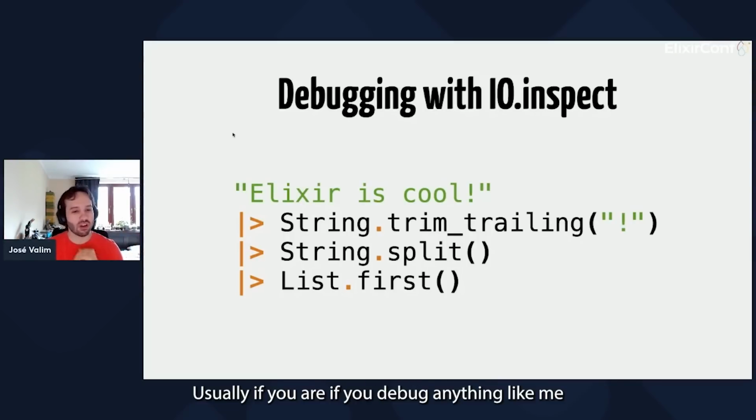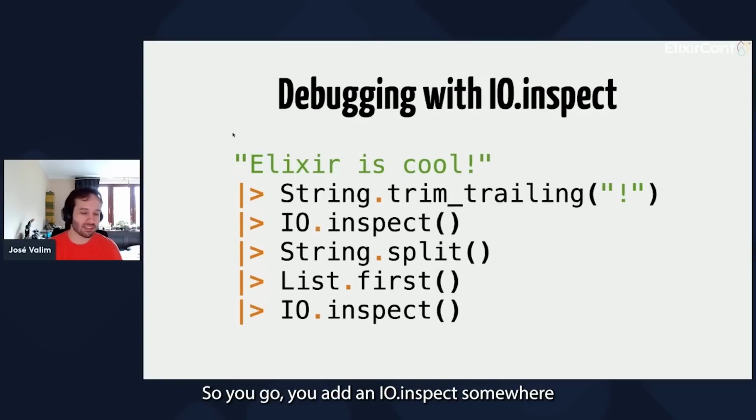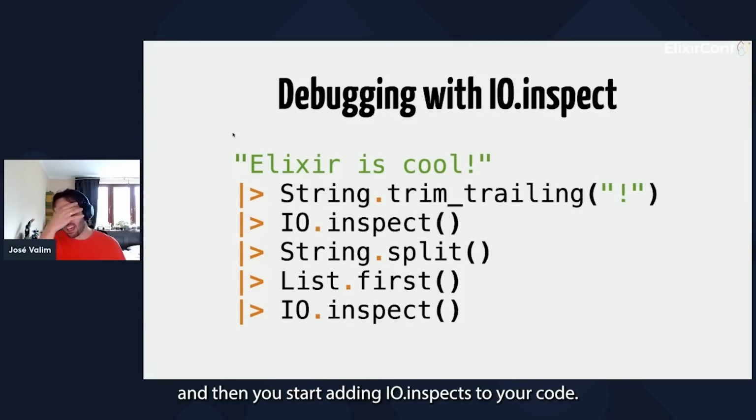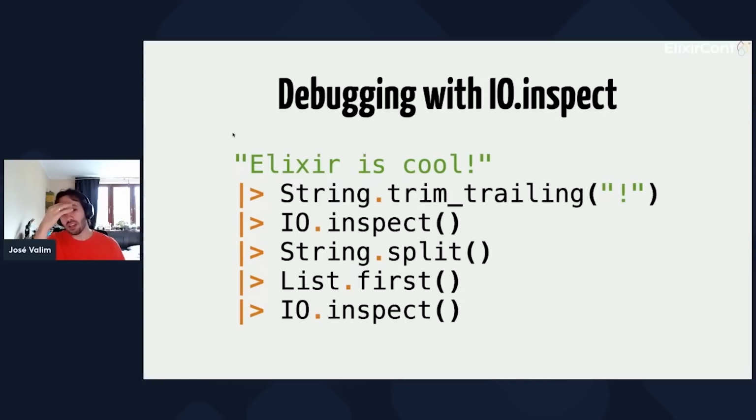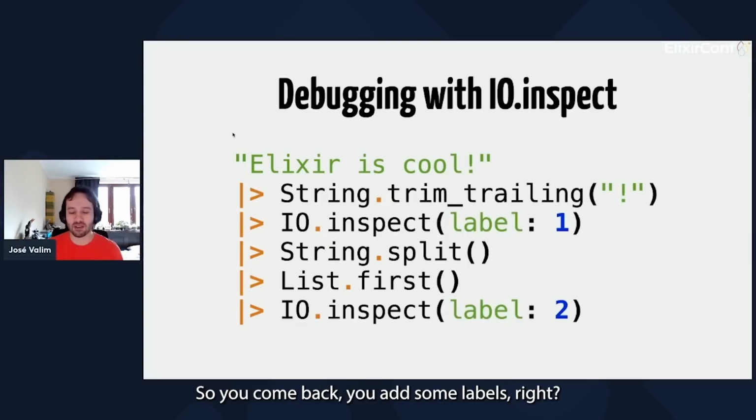Usually, you would add an IO.inspect somewhere where you think the bug is, and then it's like, wait, no, it's not here. So you add IO.inspects to your code, and then it gets to a point where you don't know which IO.inspect is related to which output. So you come back and add some labels.